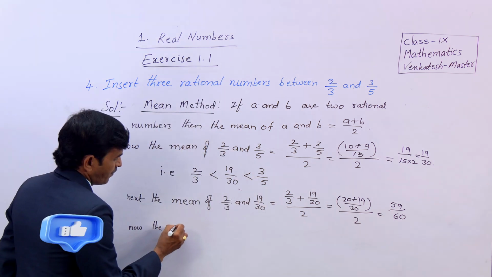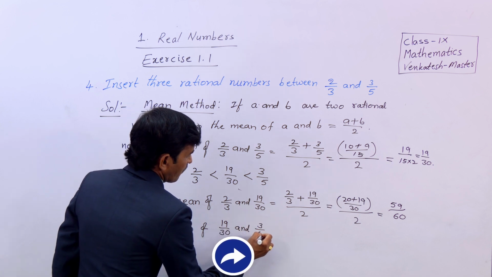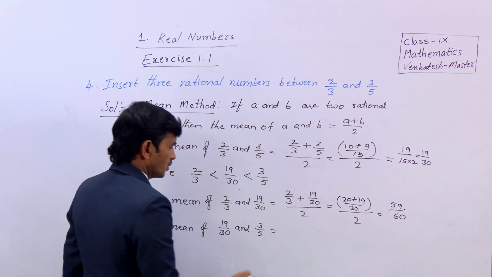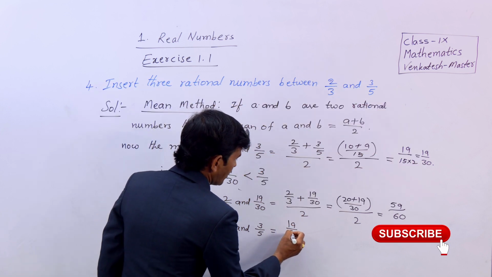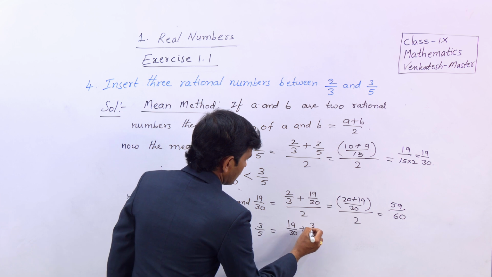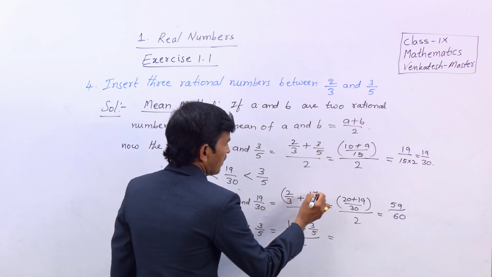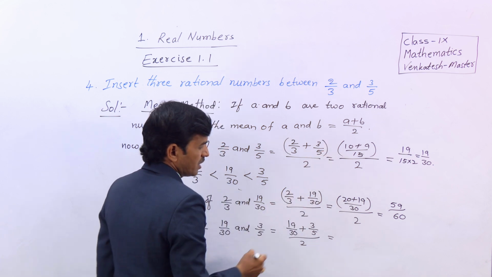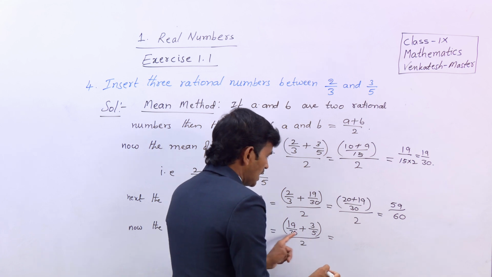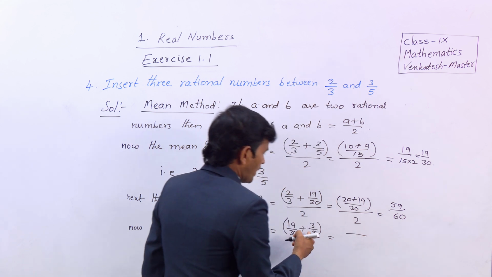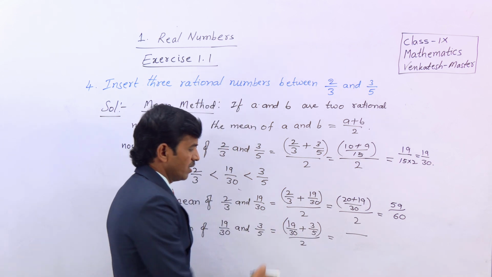Now the mean of 19 by 30 and 3 by 5, which is equal to, what is the LCM here? Average you need to find: 19 by 30 plus 3 by 5, by 2. Now find the LCM of the denominators. 5 6s are 30, so 6 times these 2 terms multiply.